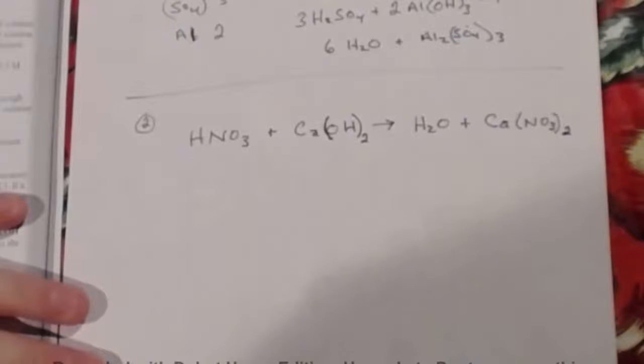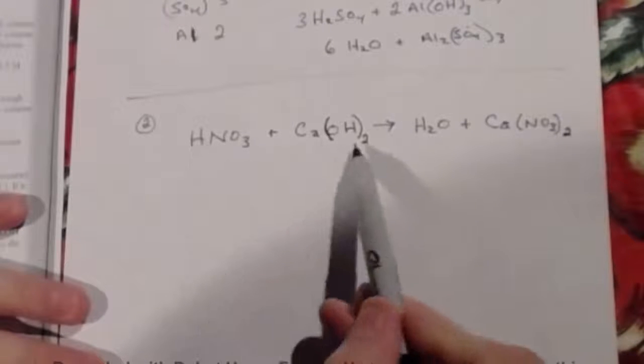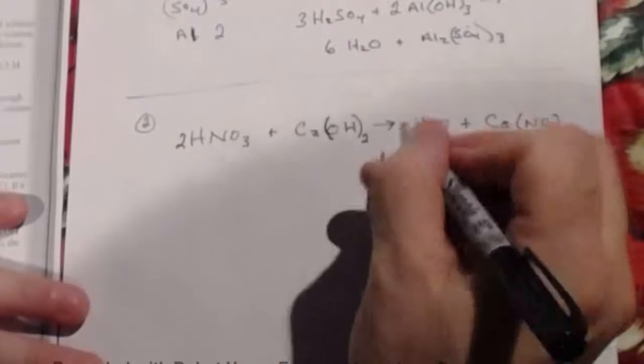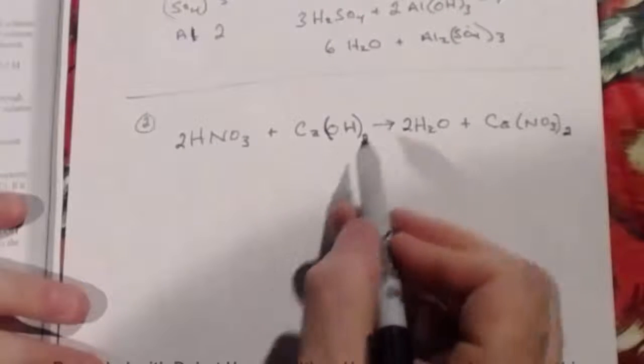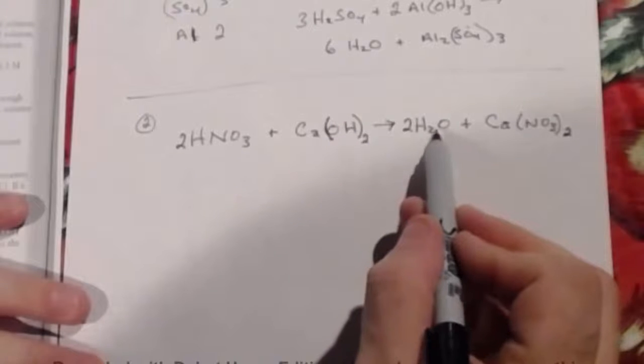So let's go through now and look at it. We're going to have 1 hydrogen and 2 hydroxides. Well, each hydroxide is going to need 1 hydrogen to bond with to form water, so we're going to have to start with 2 at least, and that's going to give us 2 waters. So 2 hydrogens plus 2 hydroxides produces 2 waters. Then we're left with the remainder.